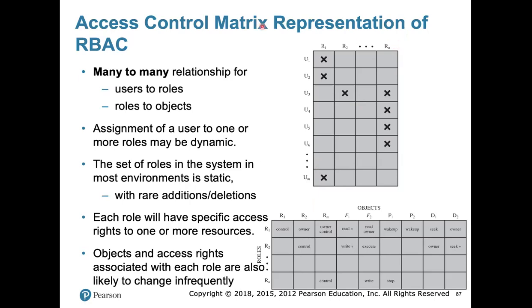Yeah, here the relation between the users and roles is many to many. When we say many to many, we are talking about this line. There are some rows in our table at which a user might be assigned to more than one role. That of course makes sense.